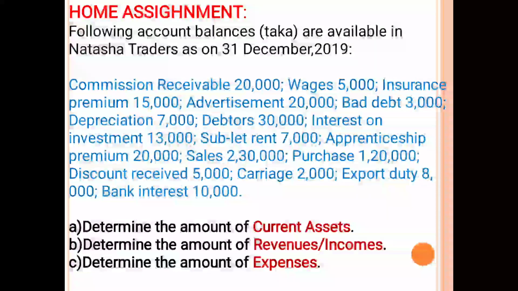Carriage inward or carriage outward, transportation in, transportation out, freight in, freight out, all items are related to carriage. These are expenses. Export duty, import duty, excise duty, any kind of duty or municipal tax is one kind of expense.